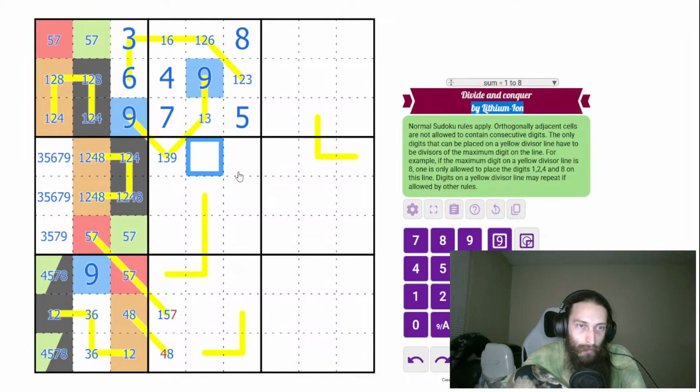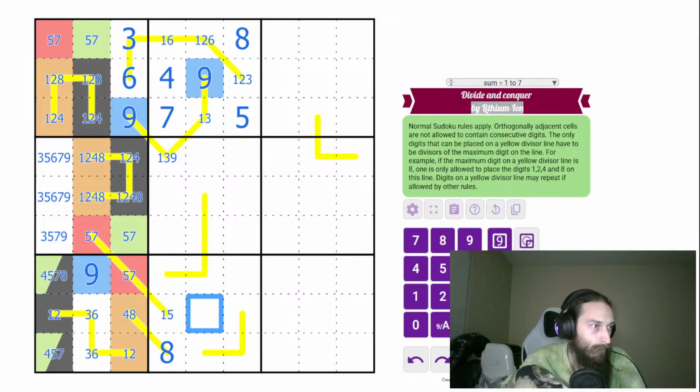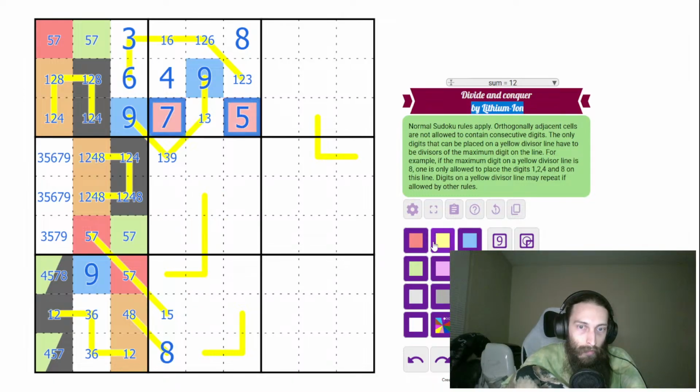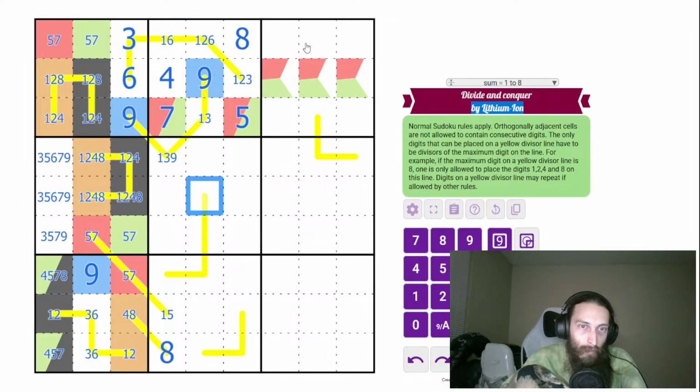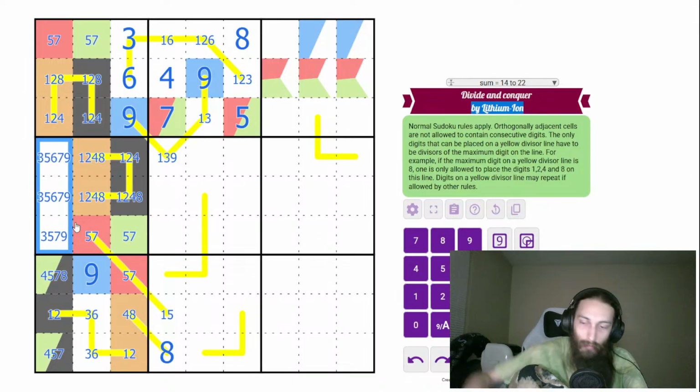Oh, column 4, down at the bottom. 8. 8. 7. 5, 7 pair. 7.